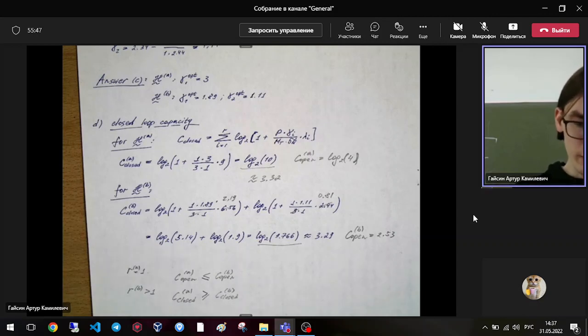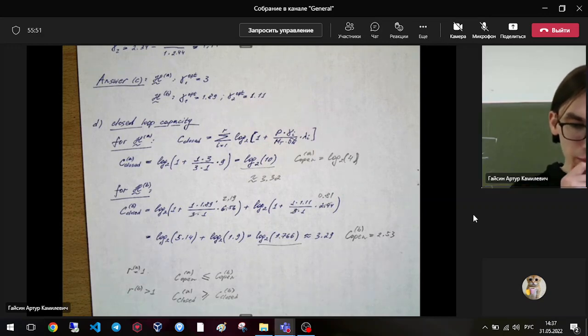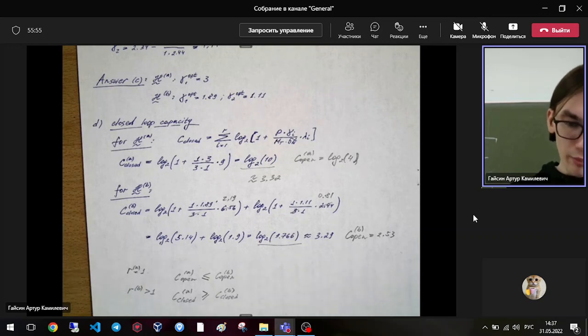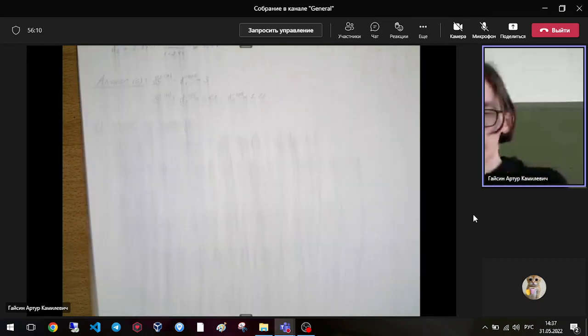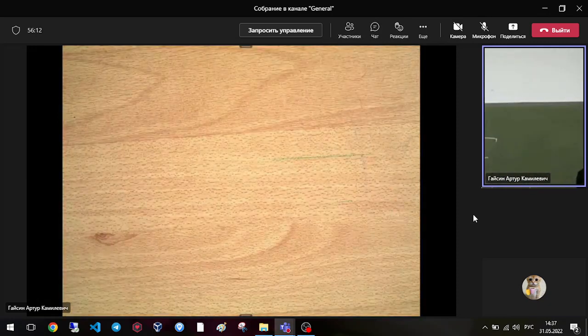Or to start some, in our case, maybe let's start one more case for open loop capacity and closed loop capacity, but using, you can have something like this on exam.